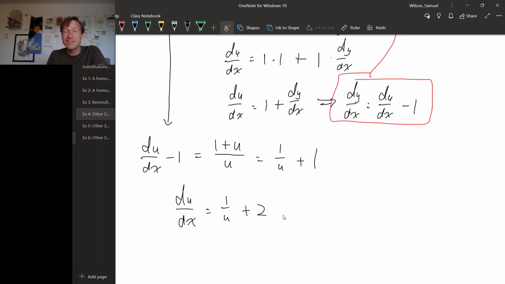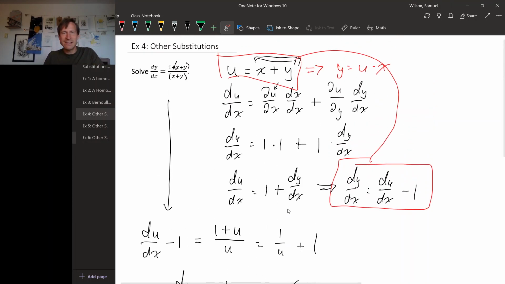Now this is a separable equation. At this point, we could finish solving this, but let's just declare victory and acknowledge that we could finish solving it if we needed to. What happened is we had some nice expression that showed up more than once, and that's what we chose for our substitution.